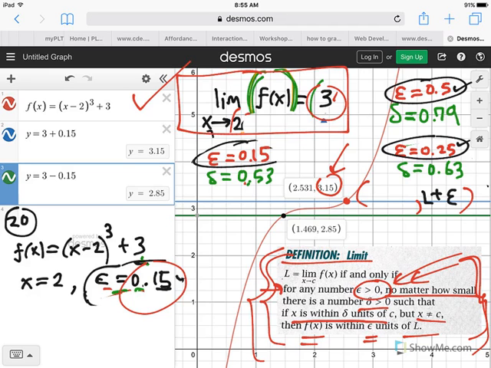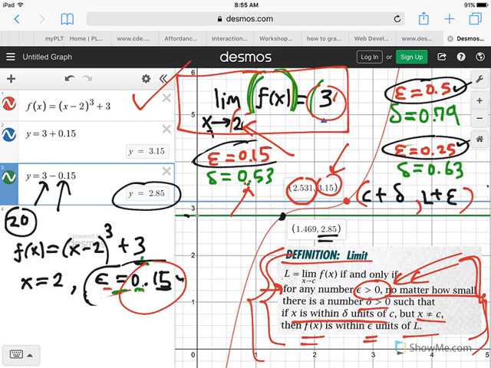And what's special about the x-coordinate here? It's c, which of course was 2, plus delta, which was about 0.53. So here you have c plus delta. And if you look at the other point of intersection between the graph of f and the horizontal line y is equal to the limit minus epsilon, 3 minus 0.15, giving us 2.85.